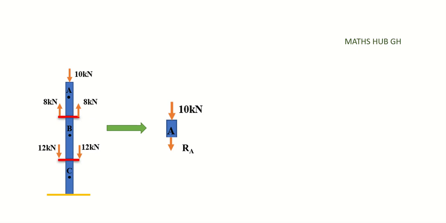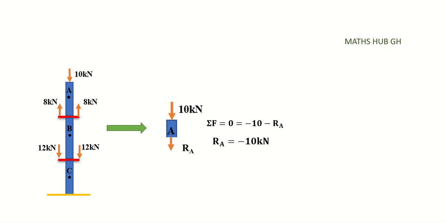We have a free body diagram for that part, and we have R sub A, indicating the reaction at point A. So you have to calculate R sub A. The sum of the forces equals 0, which is minus 10 minus R sub A, because they are all pointing downwards. That's why I have both of them negative. Solving for R sub A gives us minus 10 kilonewton.